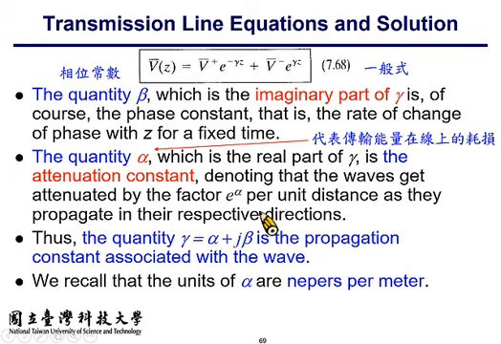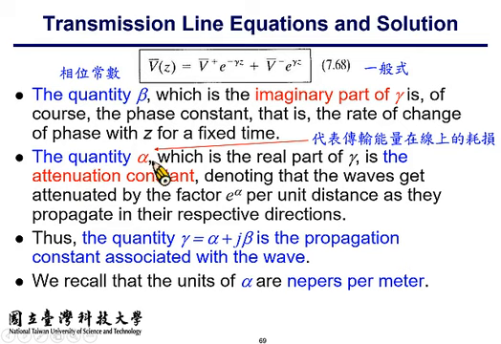So here are some descriptions about the propagation constant. The quantity beta, which is the imaginary part of the propagation constant gamma, is, of course, the phase constant. It represents the rate of change of phase with z for a fixed time. At a specific time, the phase is different at a position z, at a different location on the transmission line.